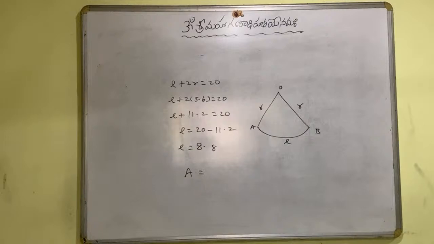Then how can we find the area of the sector? Theta by 360 into pi r square. Where is theta? No theta? Nobody remembers. I also told you the formula. We don't have the sector angle here. We have the length of the arc and radius only.